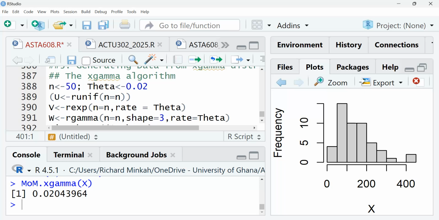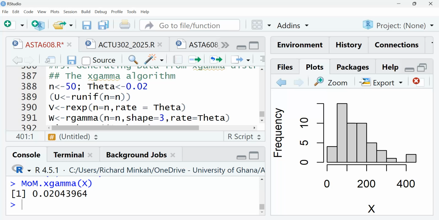Okay, your value is what? It's actually negative, negative 1.69. So what is your theta? Run your theta and let's see. 0.02.